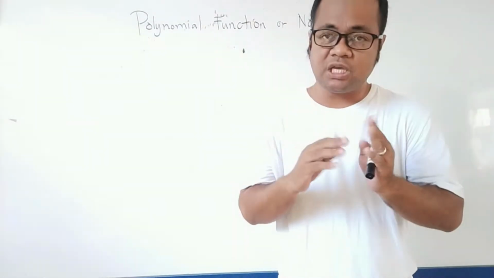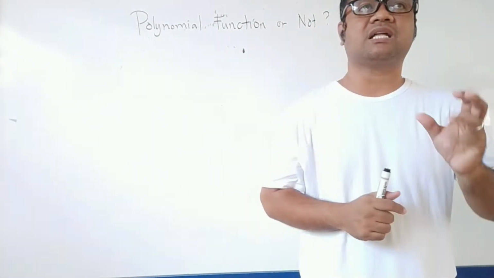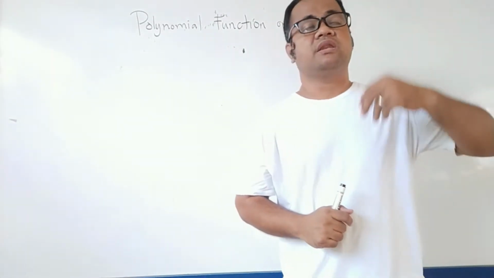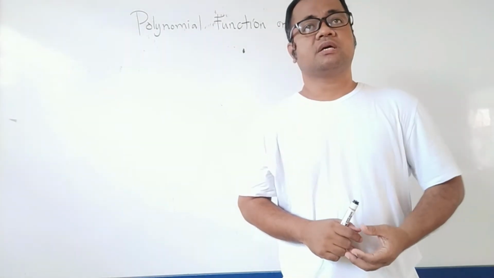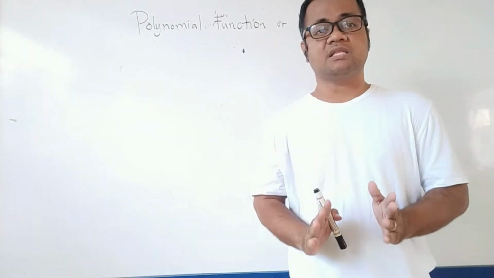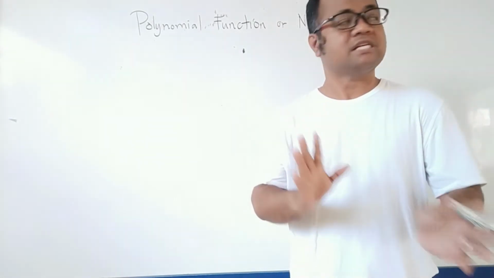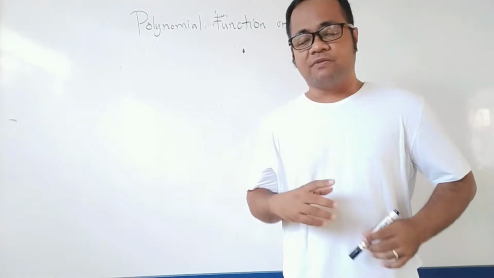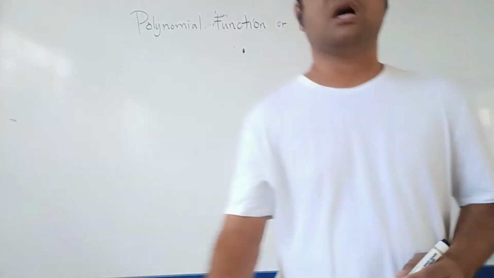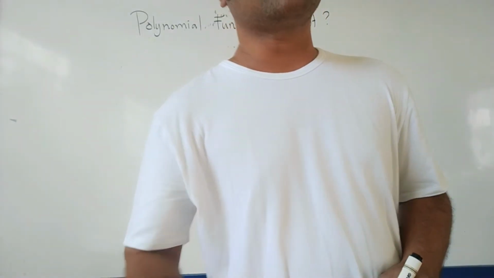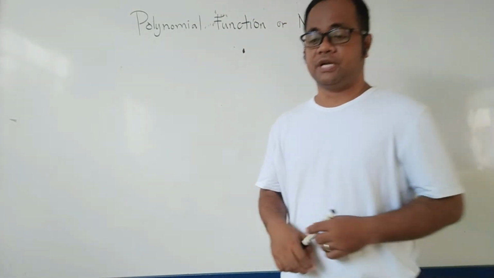If you see any exponent that is negative, not a whole number, meaning to say that the given is not a polynomial function. Okay, so let us have an illustrative example for you to understand more about how to determine if it is a polynomial function or not.